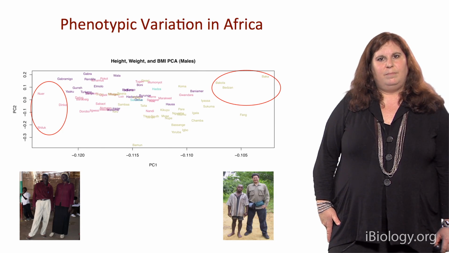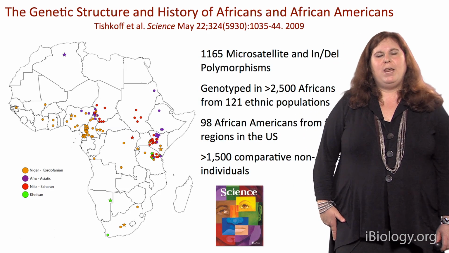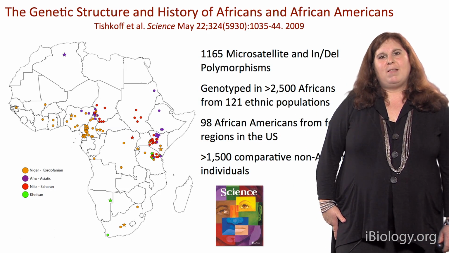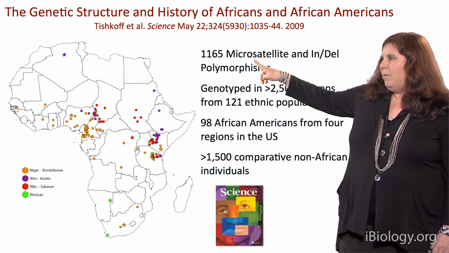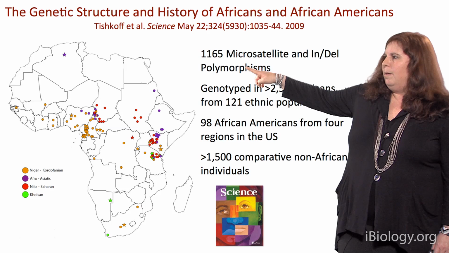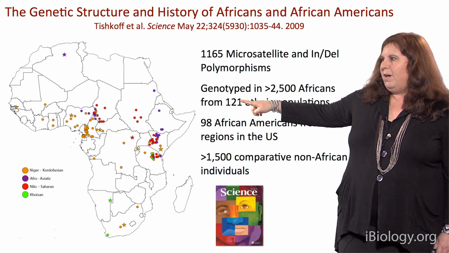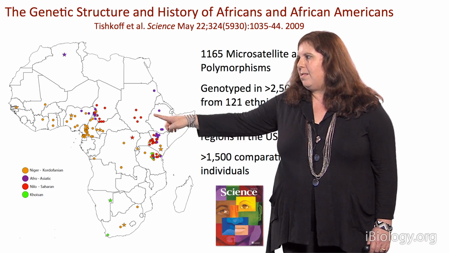So now I want to tell you about the patterns of genetic variation and genetic structure in Africa. And this is based on a paper that we published several years ago in which we looked at genome-wide variable markers. And these were genotyped in over 2,500 Africans from 121 ethnic groups that are shown by these dots here.